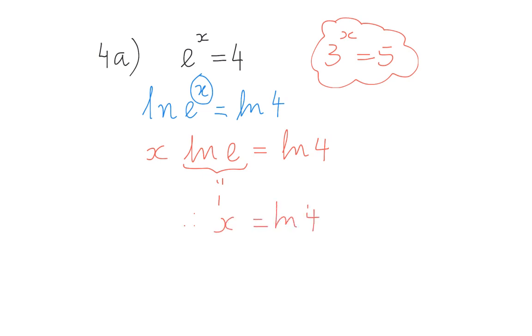Now, if they say without the use of a calculator, this would be your answer. If the general instruction is correct to 2 decimal places, then you go to your calculator, you choose ln 4 equals, please take your calculators out and make sure that your answer is 1.39 for this equation, right?